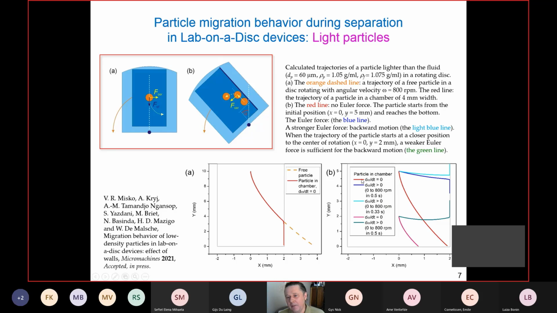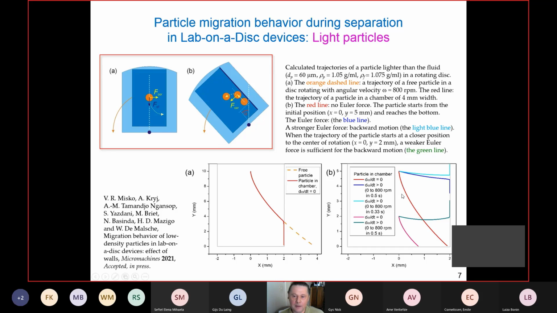If we have no angular acceleration, then the particle just follows this red trajectory. Then we start to rotate the particles with the chamber with acceleration, like small acceleration. Then the particle moves to the wall, but still follows the same direction. So we need quite strong acceleration to turn the particle to move back.